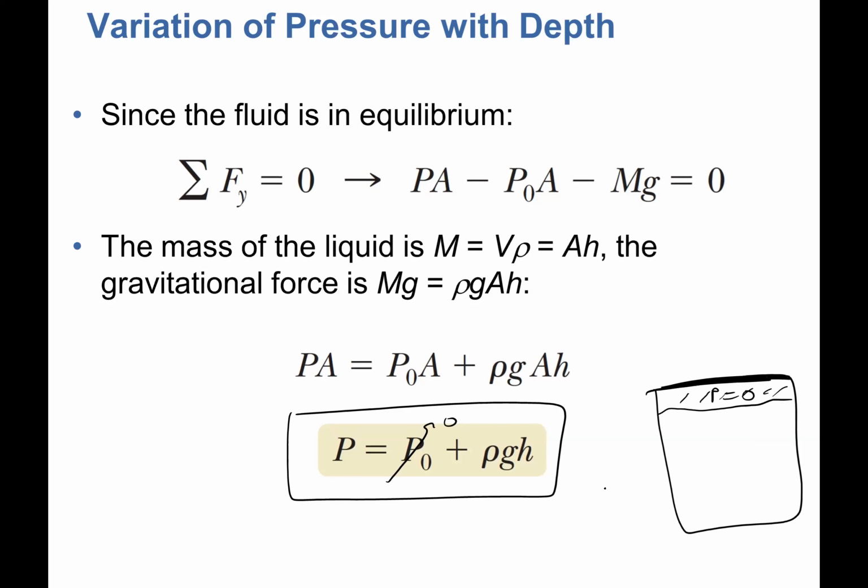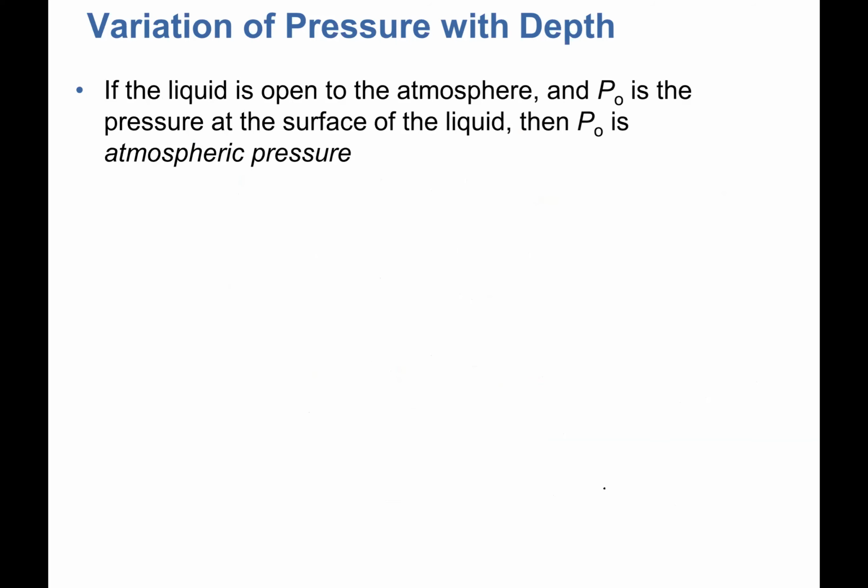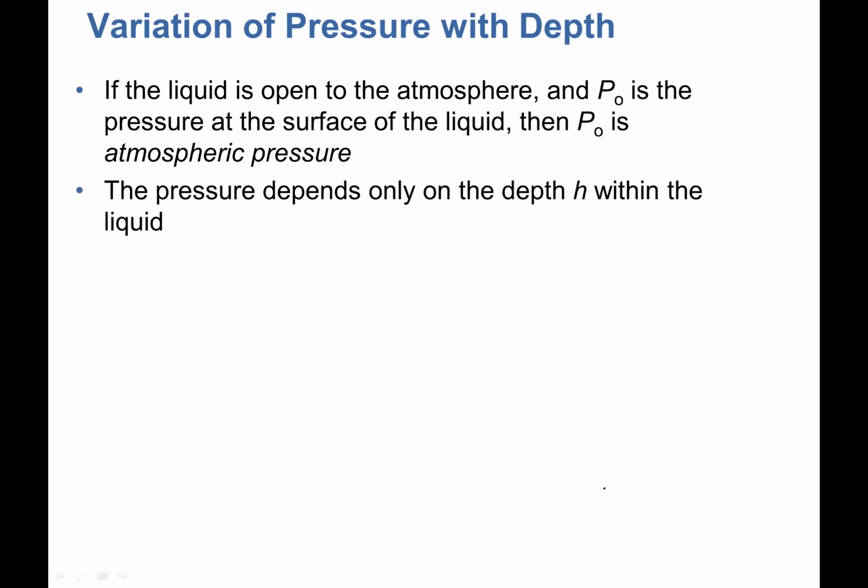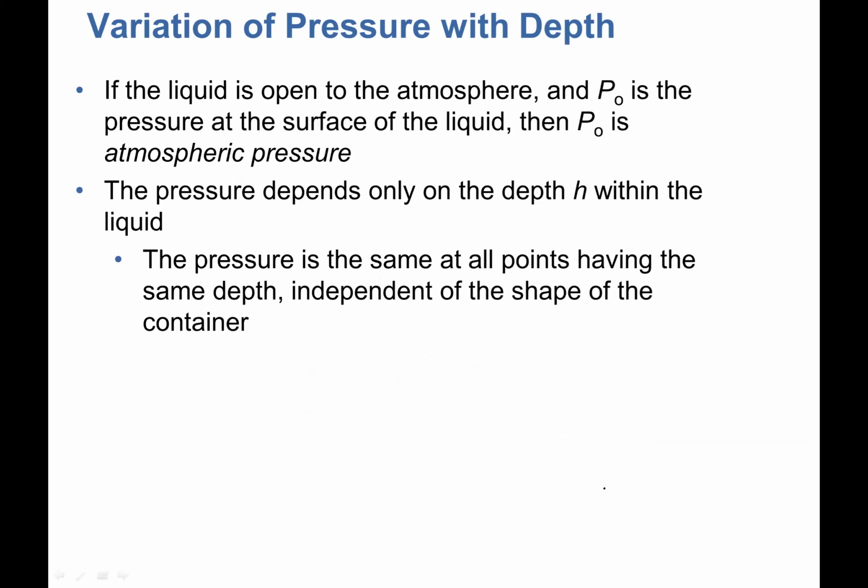If a liquid is open to the atmosphere and P atmosphere is the pressure at the surface of the liquid, then P0 is the atmospheric pressure. The pressure depends only on the depth H within the liquid. The pressure is the same at all points having the same depth, independent of the shape of the container.